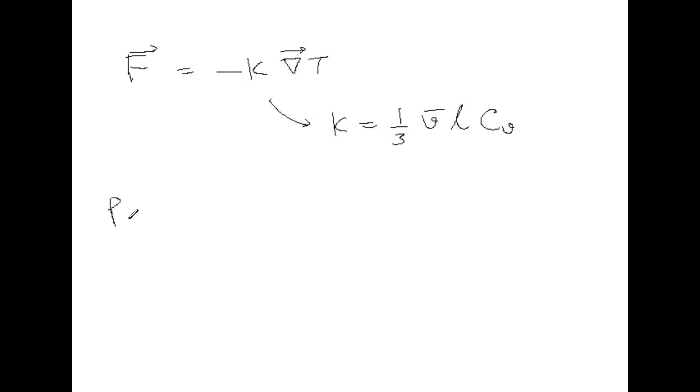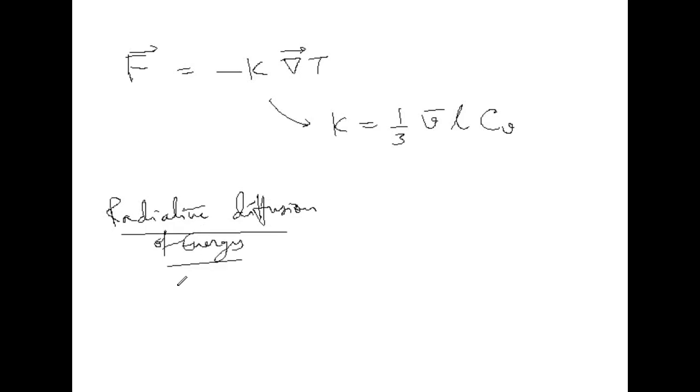Now we will apply these concepts to photons. So basically we will be talking about radiative diffusion of energy, right? Fine. Now talking about photons, if we have to apply them, this v average will become equal to c, the velocity of light.